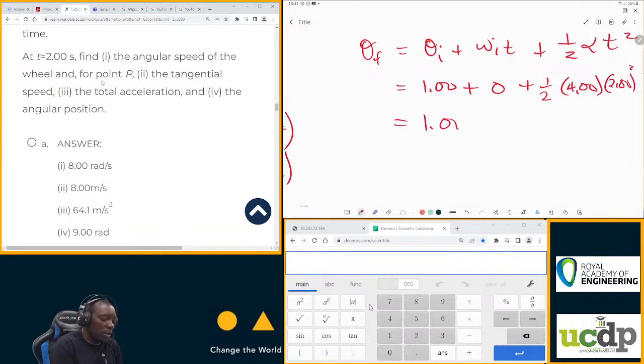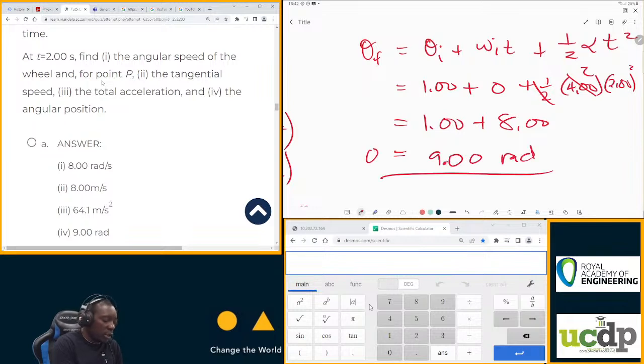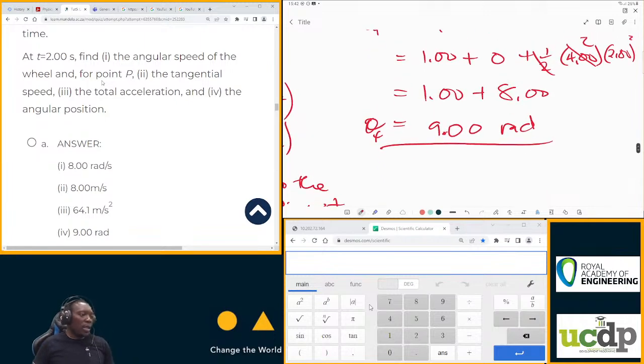So this is 1 plus, 2 squared times 4 over 2, that is 8. This gives us 9 radians. The final position of that point P is 9 radians. So that's how we get 9 radians.